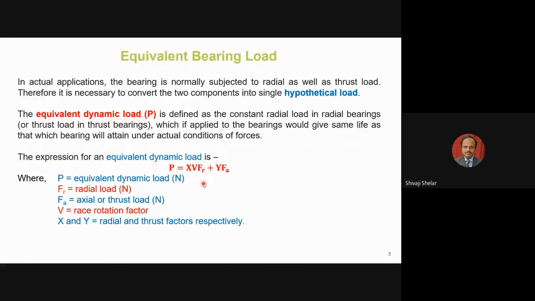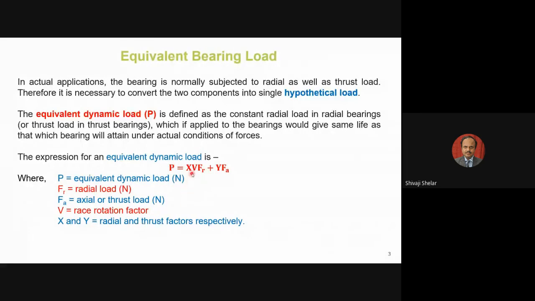If you take the case of a bike wheel, the wheel is rotating and the shaft supporting it is stationary. So in that case, the inner race is fixed and the outer race is rotating with the wheel. Based on this condition, the V factor is taken. The value of V is either 1 or 1.2 depending upon the race rotation.